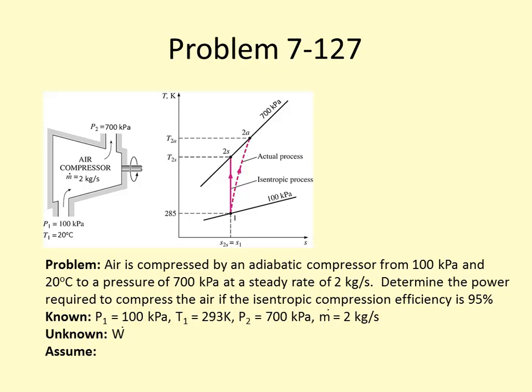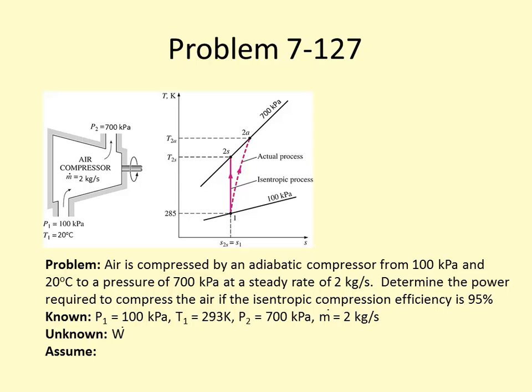So if we perform the energy balance, Q dot in minus Q dot out plus W dot in minus W dot out is equal to m dot times (H2 minus H1), ignoring kinetic and potential energy. We're told that the air compressor is adiabatic, so there's no heat transfer, and we don't have any work output from a compressor.